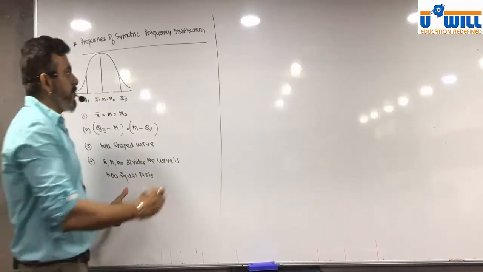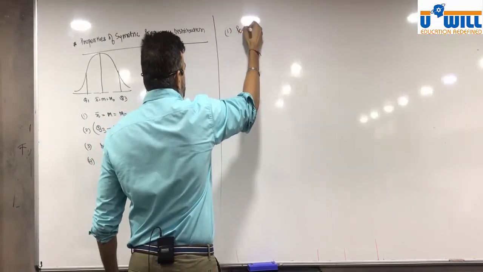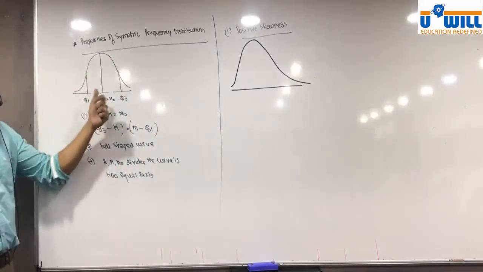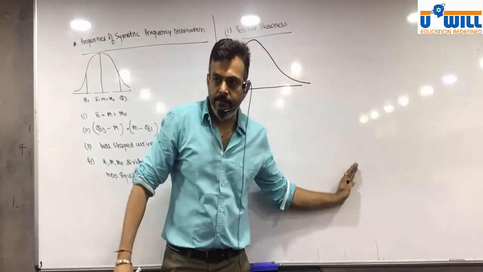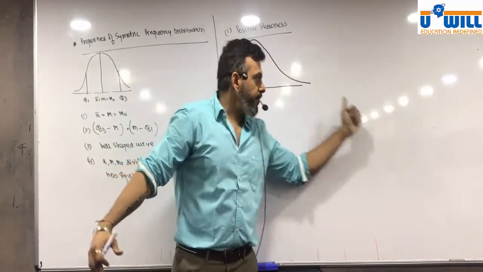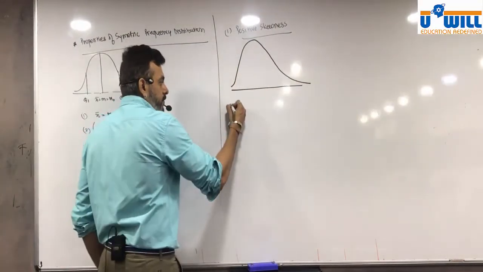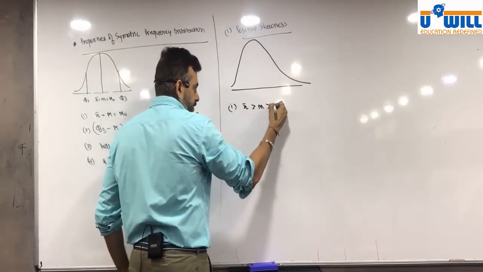What type of skewness we are going to study? First is positive skewness. Now, what is positive skewness? Pay attention please. This type of a curve is a positive skewness. You don't underline. This side is negative and this side is positive. So it moves towards this side. Now over here, first is x bar greater than m greater than mode.